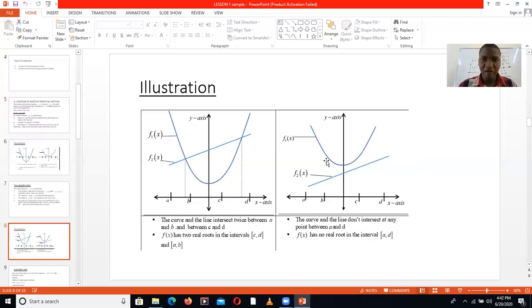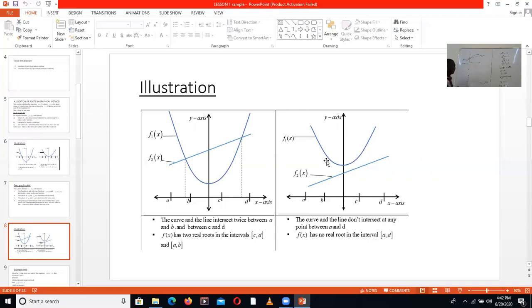Now also, if the function has more than 2 roots, then the 2 lines will intersect more than twice. Say 3 times. So you plot something like this. You notice that they're intersecting at this point, here, and here.